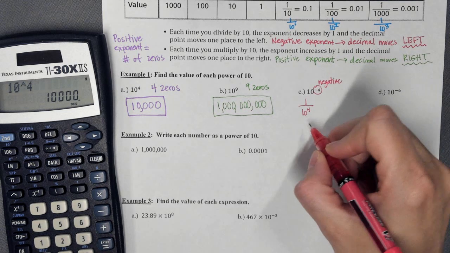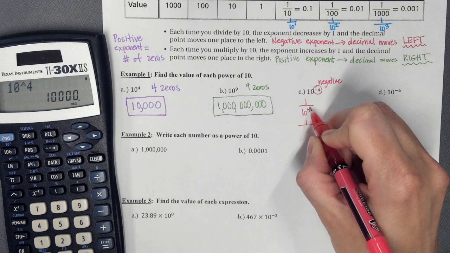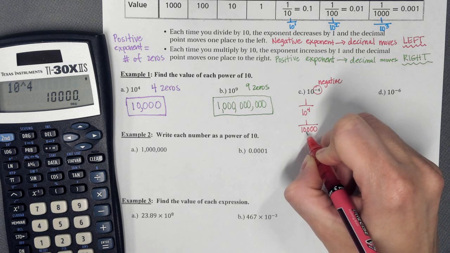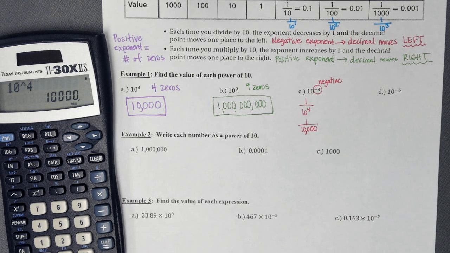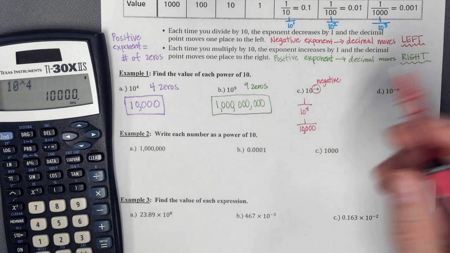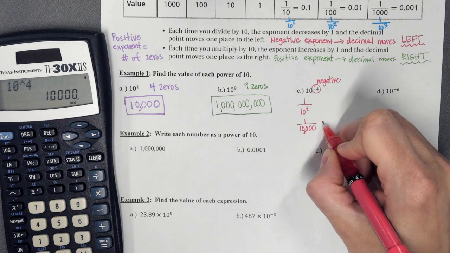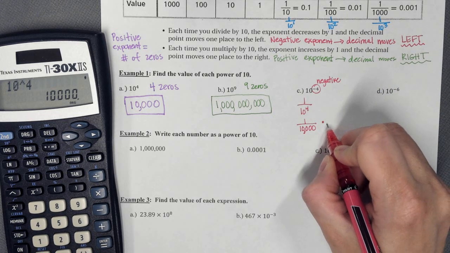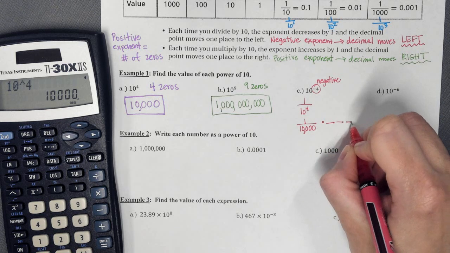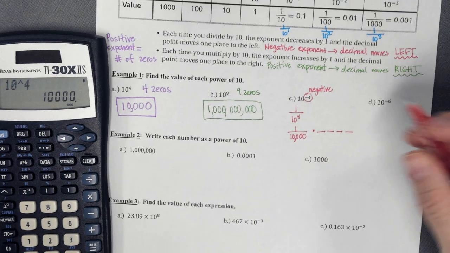Then from there, if it's to the 4th, I know I'm going to have 4 zeros. And then you could put that decimal in its place here. If it's in the 10,000s place, what you would do is count the places. So you have the tenths, the hundredths, the thousandths, and then the 10,000ths.